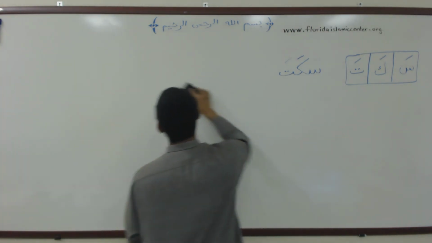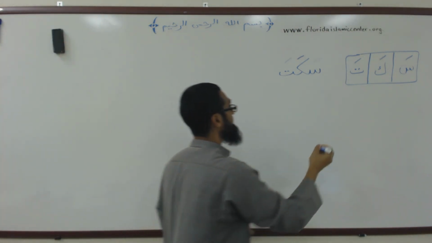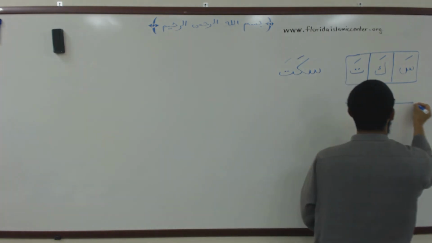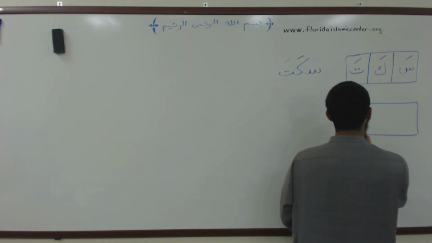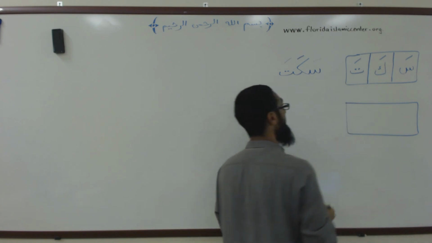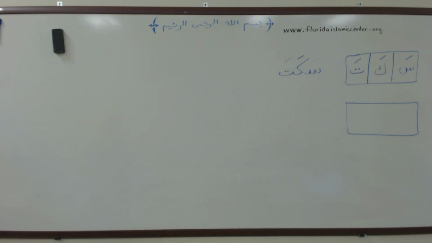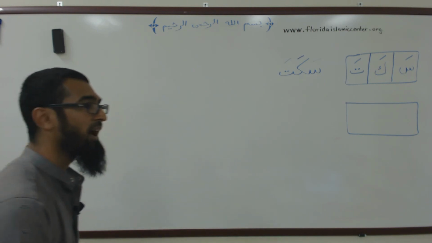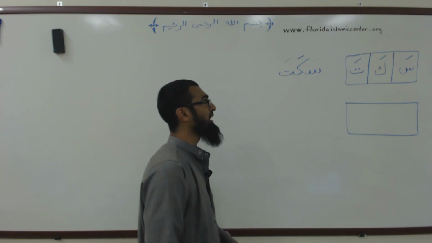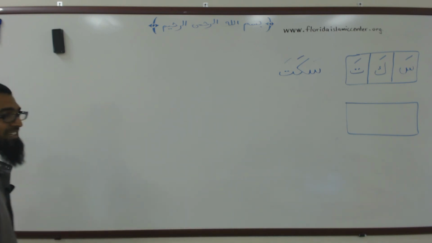So let's try another word now, okay? Let's do one more word. Okay. Ready? The next word is kataba. Two of the letters are the same letters. They're reoccurring.